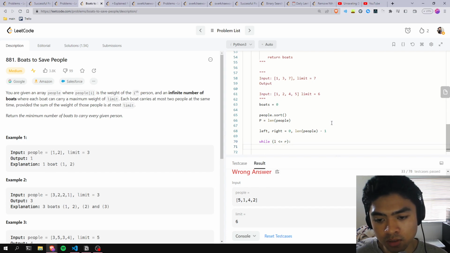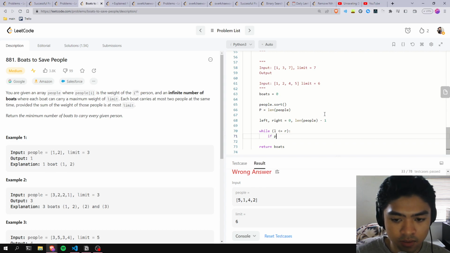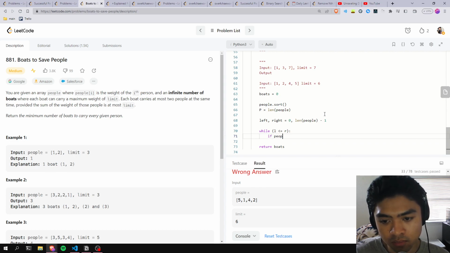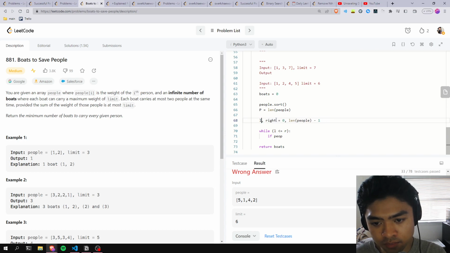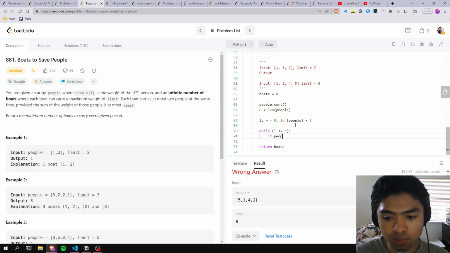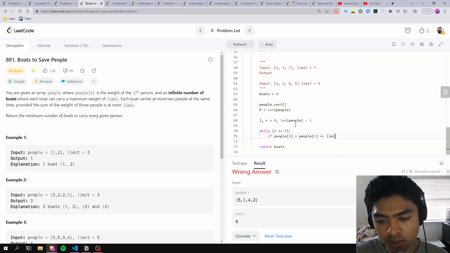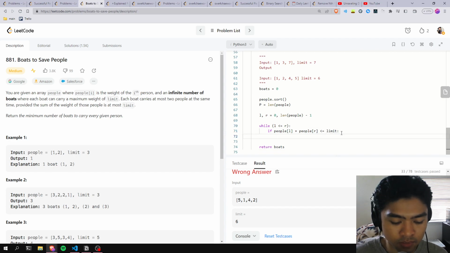So while left is less than or equal to right, if people at left plus people at right is less than or equal to the limit, then we're going to acknowledge that they are a boat, right?